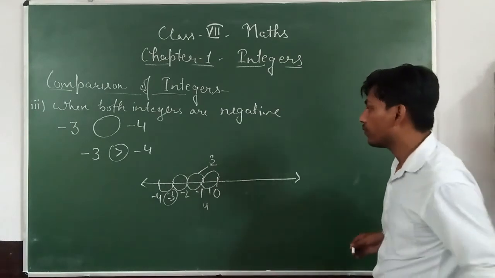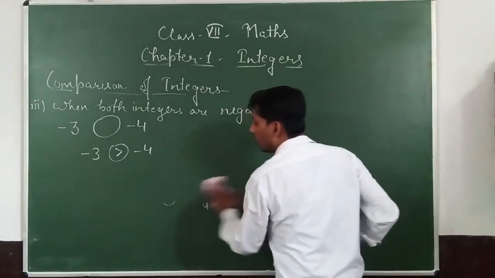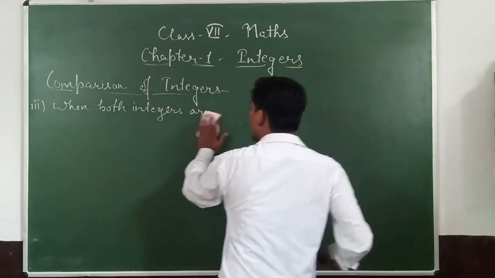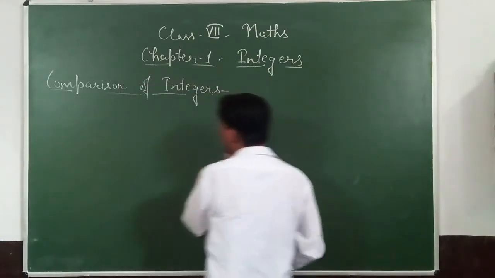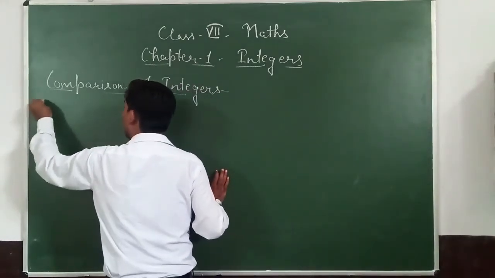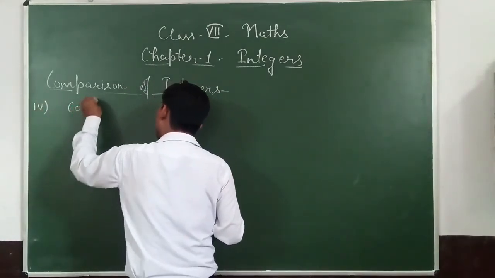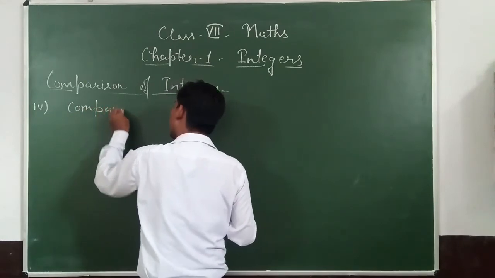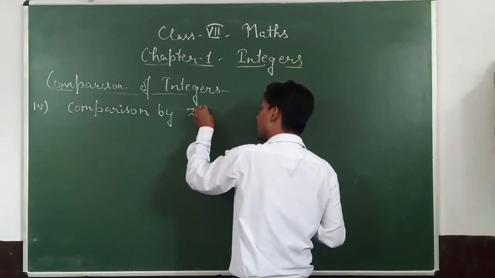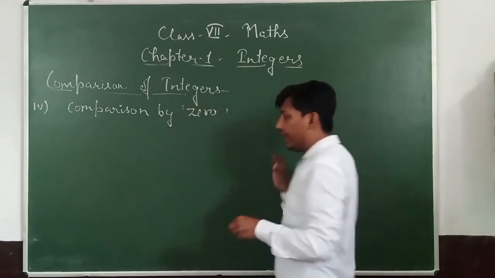Now how can we compare a positive integer with 0 and a negative integer with 0? Fourth is comparison with 0. It is very easy.